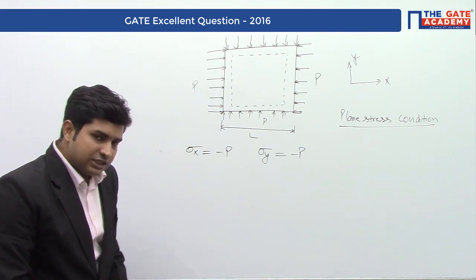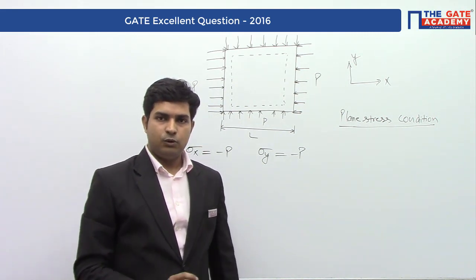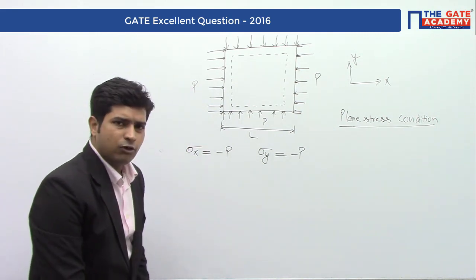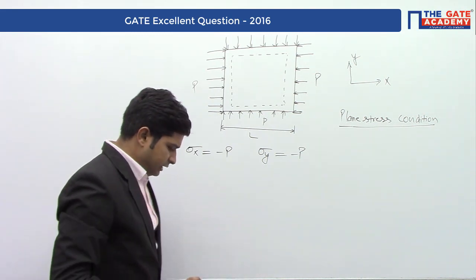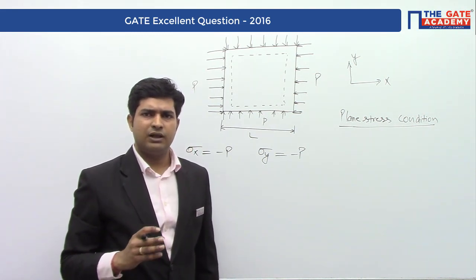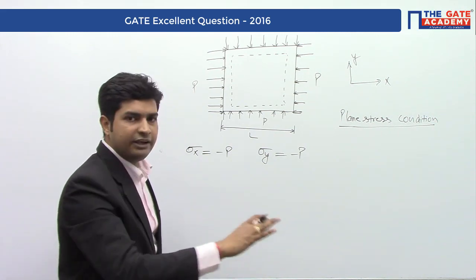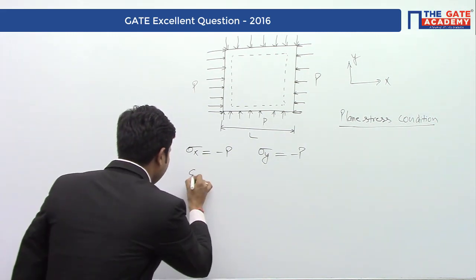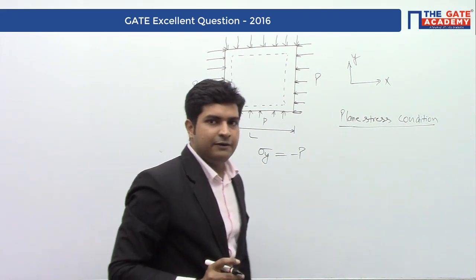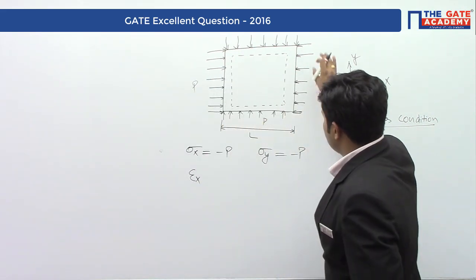Okay, so in this question the Poisson's ratio is asked. For Poisson's ratio, first of all, let's see the strain in X direction due to these two loads.